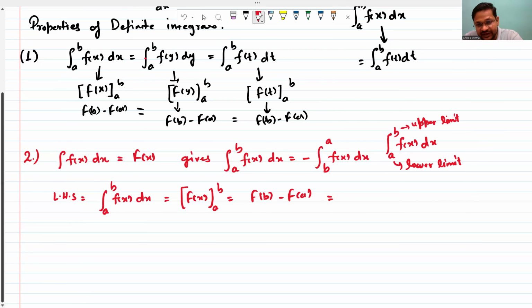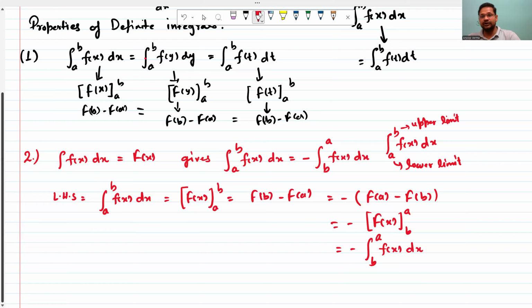If you take negative outside, then you have F(a) minus F(b), and now you can easily say this is the integration from b to a of f(x) dx. Okay. So if you are interchanging the upper and lower limit, you will get the negative of the previous integral.